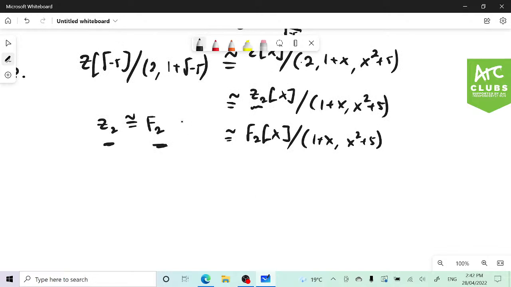And then what we notice is that neither of these affect F2[x] in any way. So this is irreducible in F2[x]. This is also irreducible in F2[x]. So what ends up happening is that this is isomorphic to the field of two elements.